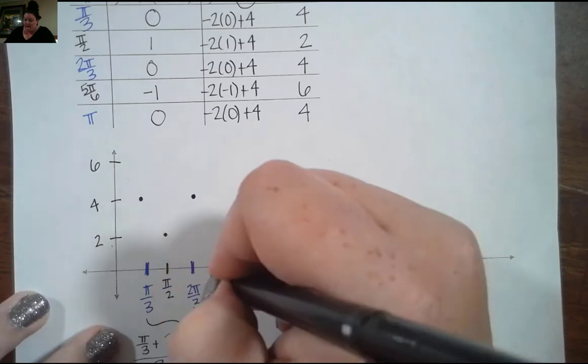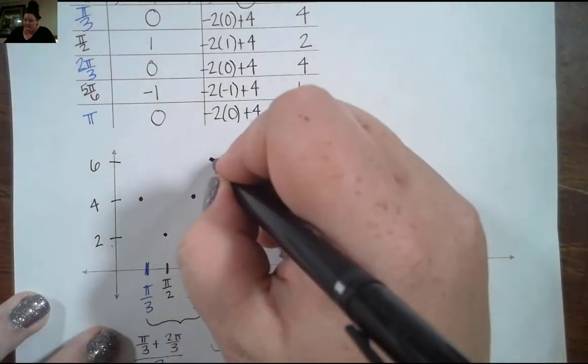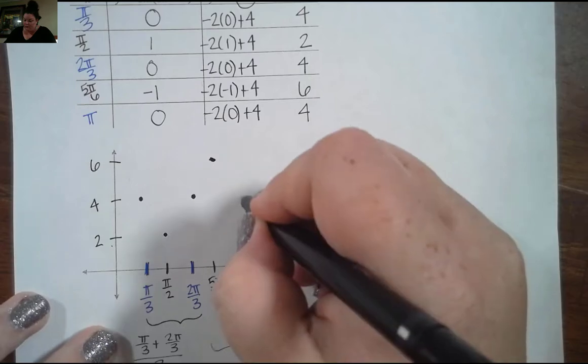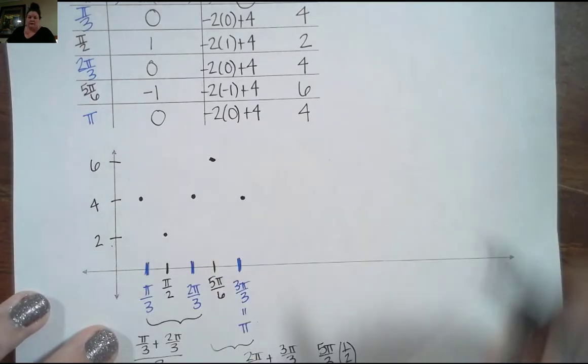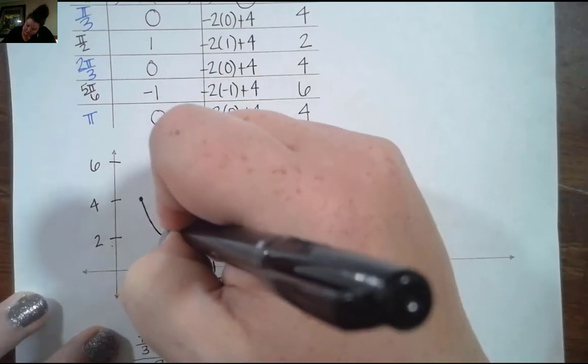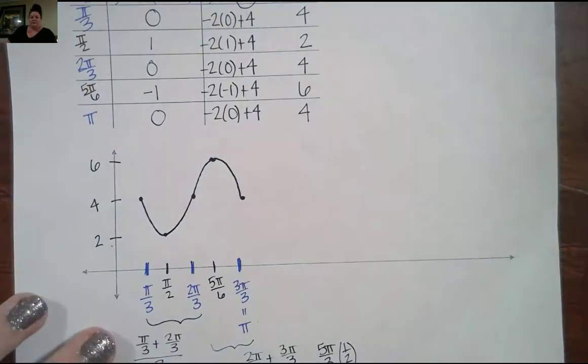At 5 pi over 6, we're up at 6. And at pi, we're back down at 4. Okay, so we're going to go ahead and draw our curve here. Alright, so there is our sine cycle.